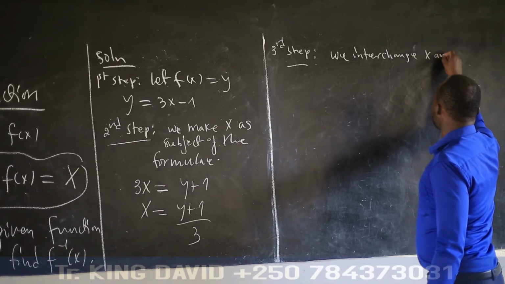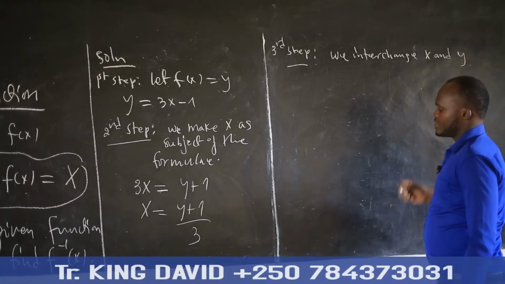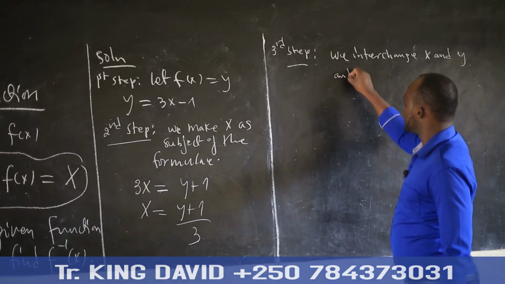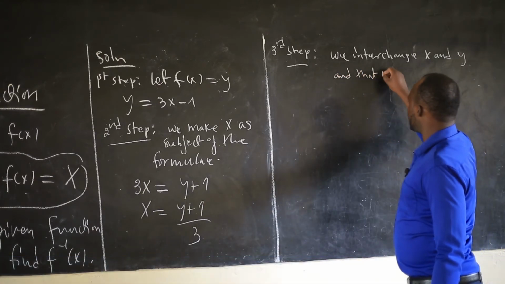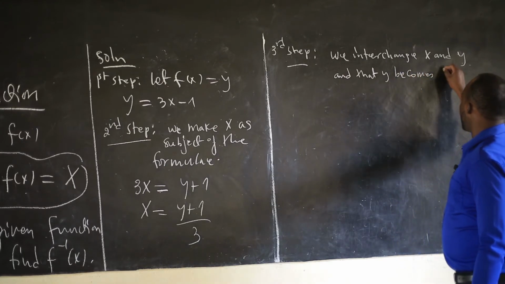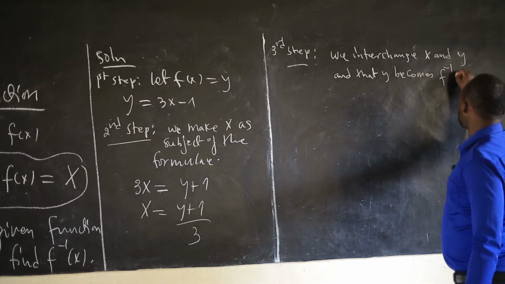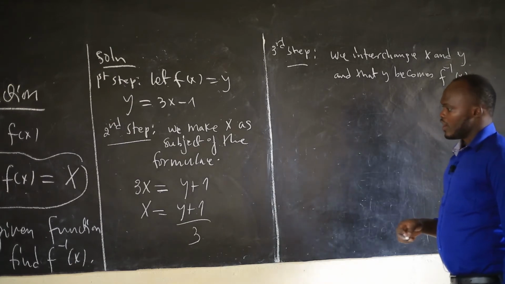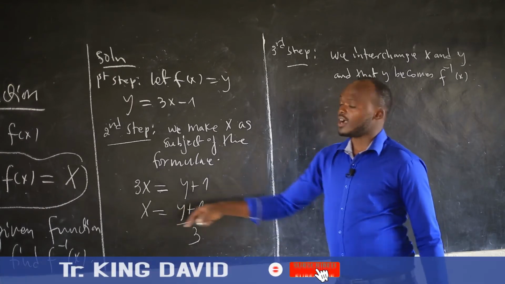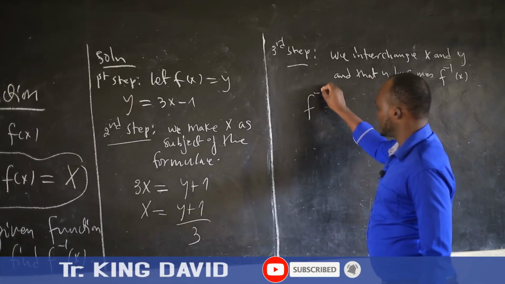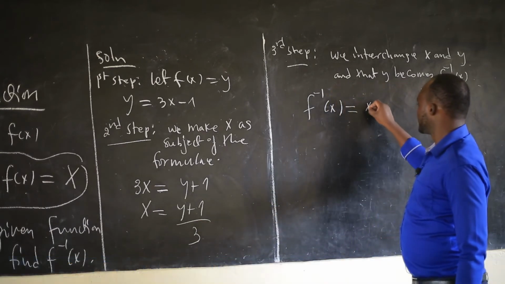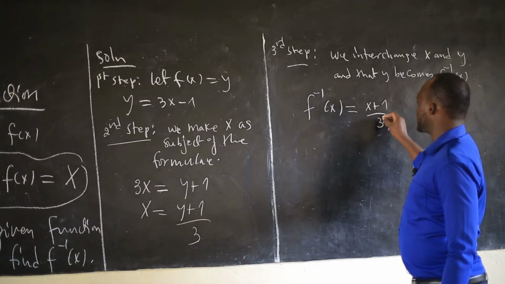So now that y becomes f inverse of x. So now you see this x is going to become y, and that is inverse, and this y becomes x. So that is the inverse.